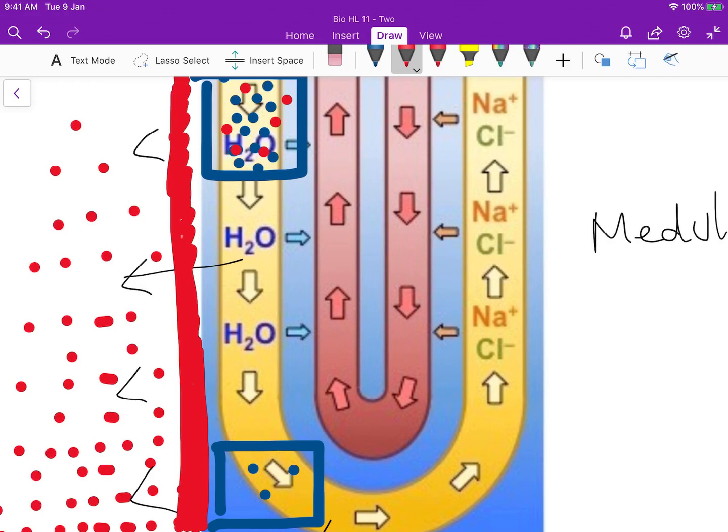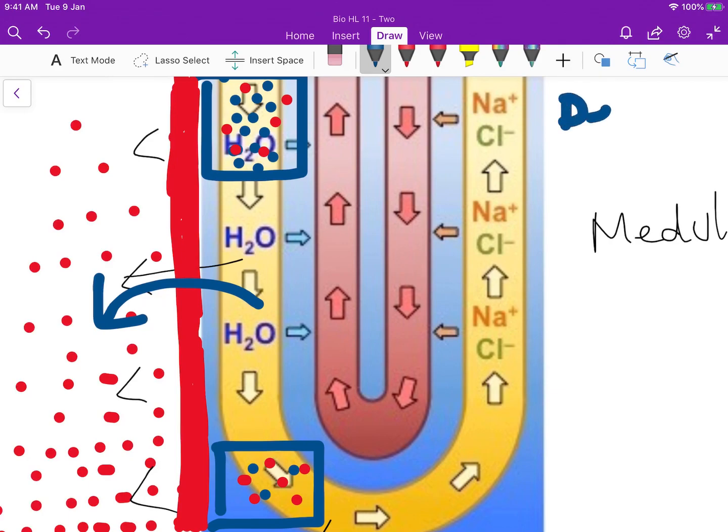And now if the salt cannot move because of this salt barrier, the salt's stuck there. So I'm going to do 1, 2, 3, 4, 5, 6. The salt is stuck. It can't move, but we said that the water can move out. So water's moving out. And so we can see why this is important to have a very salty kidney, and also why we don't want to move salt out in the limb that's going down.